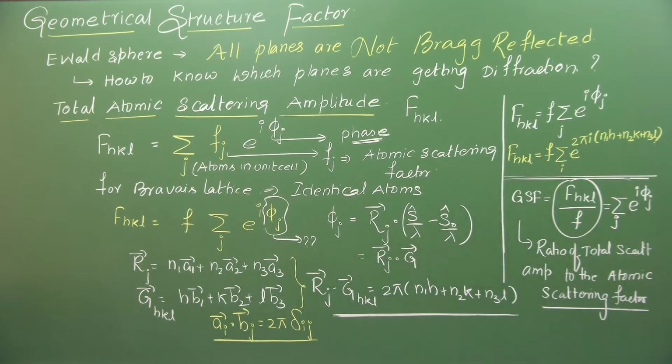That's it. The ratio of that amplitude and that scattering factor is called the geometrical structure factor, GSF.